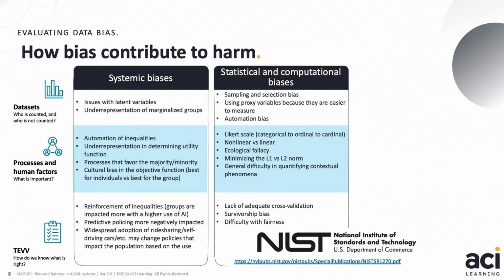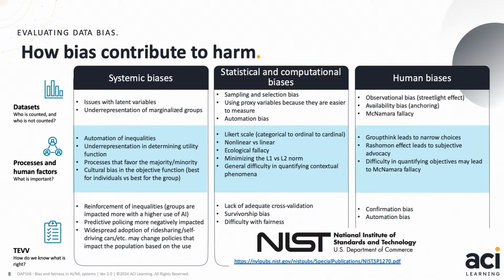And lastly, the TEVV here is the lack of adequate cross-validation, maybe survivorship bias, and difficulty with fairness. The last one is that human bias piece. The first one there is observational bias and availability bias. Then, for the process piece, groupthink leads to narrow choices. And finally, the TEVV is confirmation bias and automation bias.